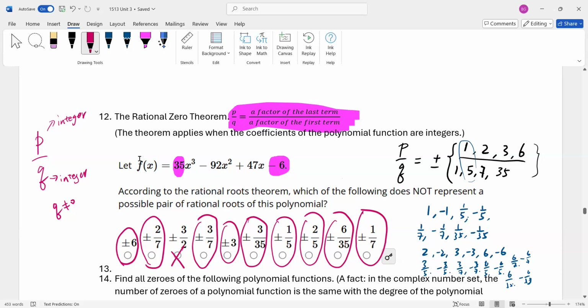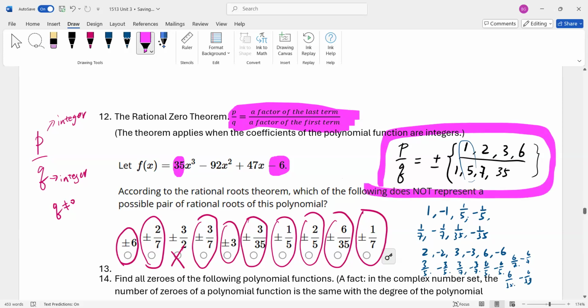The important thing for number 12 is you understand the content of this theorem. You know when to apply the theorem, and you know how to apply the theorem. Important thing is you mark the constant term and then the leading coefficient, and you do what I do here.